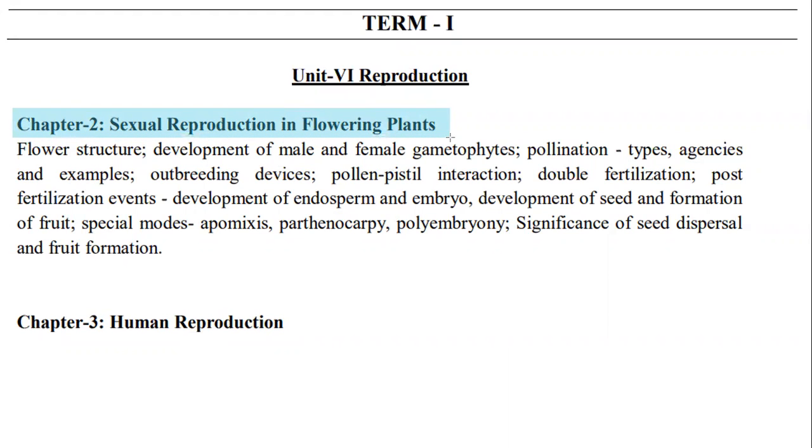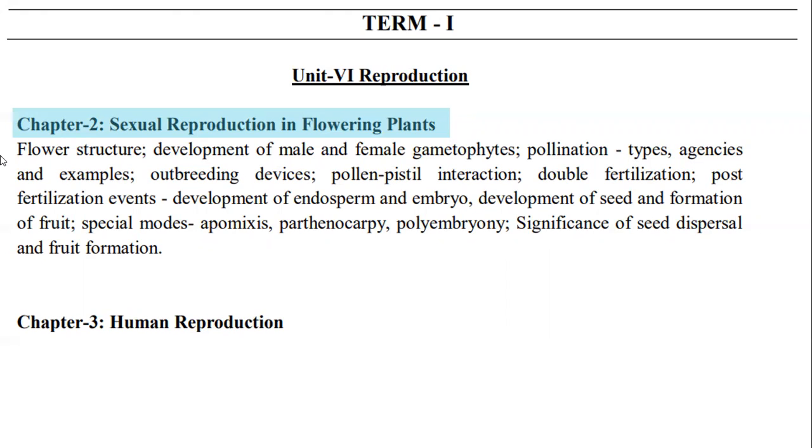In that chapter: flower structure, development of male and female gametophyte, pollination, types, agencies and examples, outbreeding devices, pollen-pistil interaction, double fertilization, post-fertilization events, development of endosperm and embryo, development of seed and formation of fruit, special modes such as apomixis, parthenocarpy, polyembryony, significance of seed dispersal and fruit formation. Almost all the topics are covered in the second chapter, sexual reproduction in flowering plants.